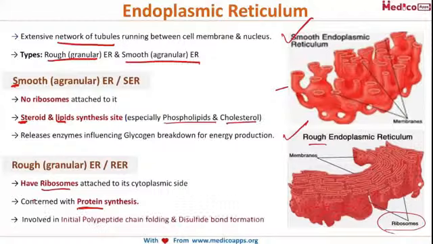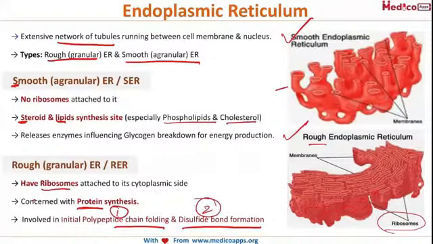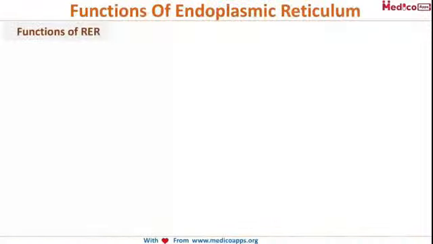So, it is involved in the initial polypeptide chain folding and disulfide bond formation. Two steps it is involved in: polypeptide chain folding and the disulfide bond formation. Now, let us look at the functions of rough endoplasmic reticulum. The first one we have just seen is protein synthesis.